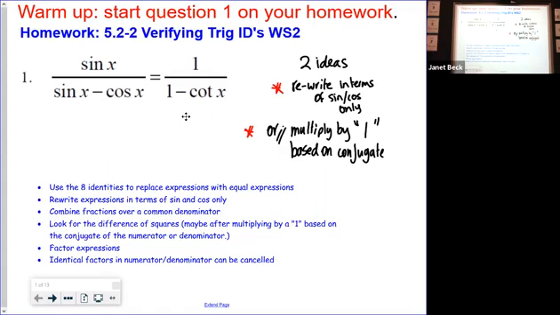So what you can do is you can either use the technique where if you see anything that isn't a sine or a cosine, then you replace it with its reciprocal identity or its quotient identity, so that the only things that you're writing down are sine or cosine.